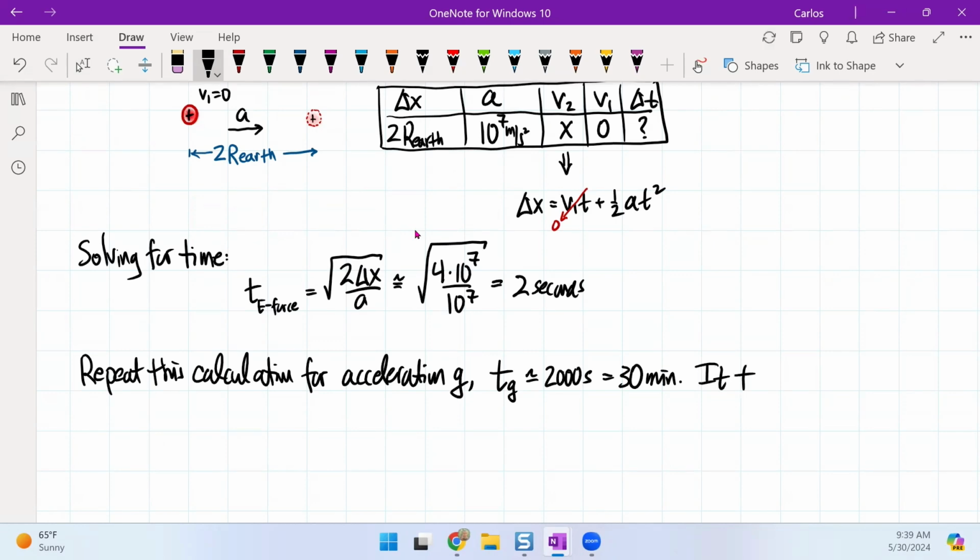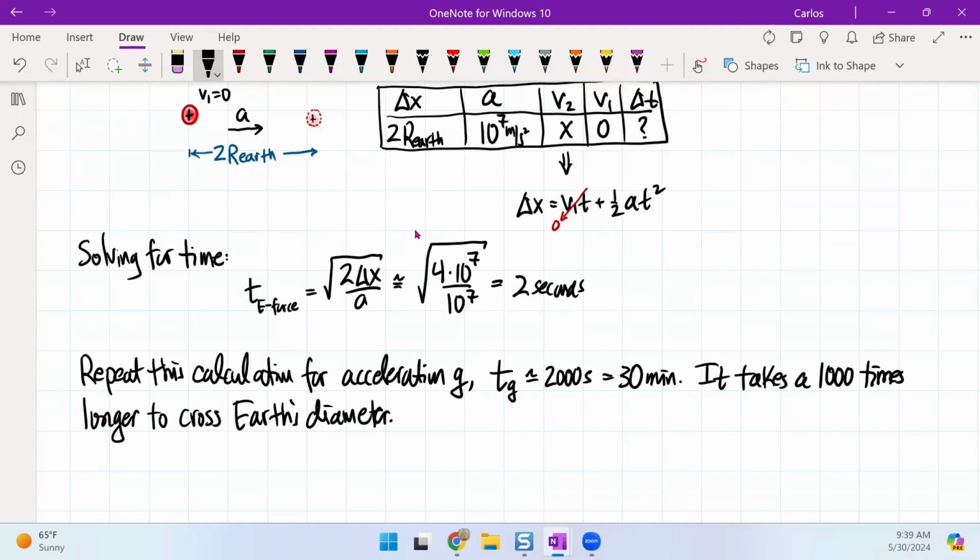It takes 1,000 times longer to cross Earth's diameter.